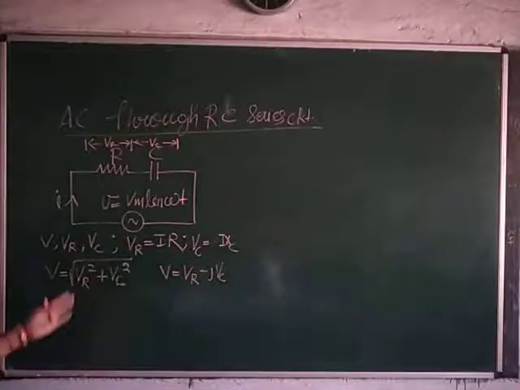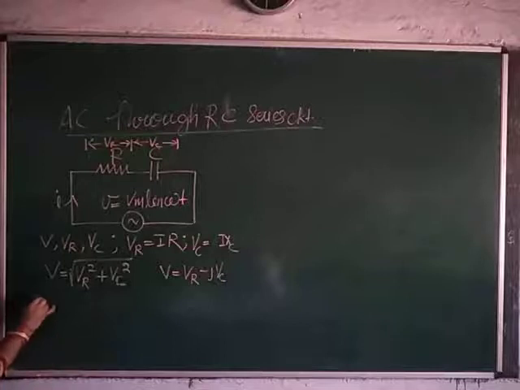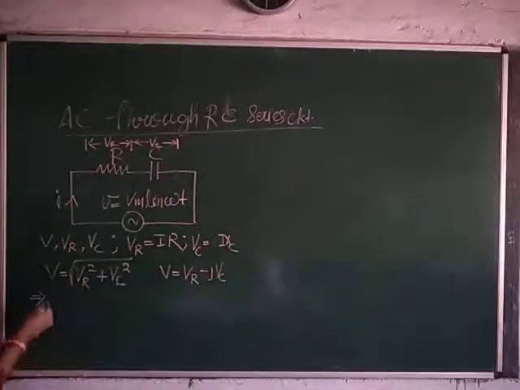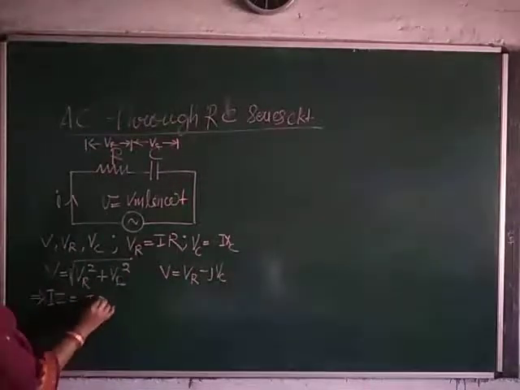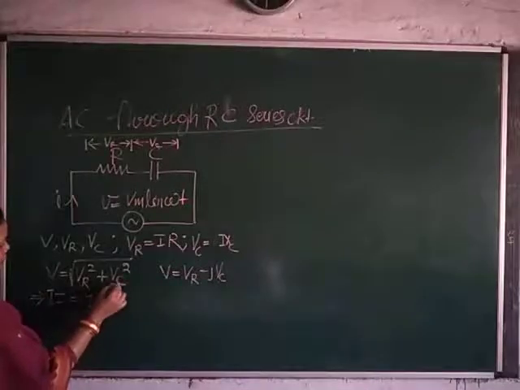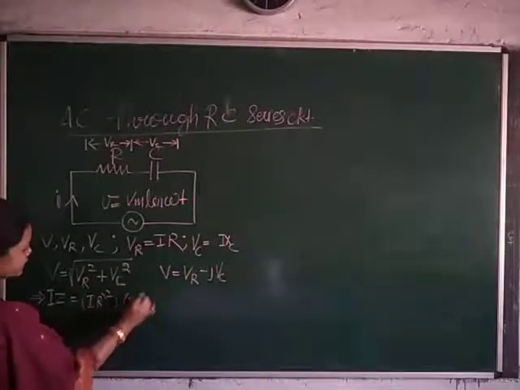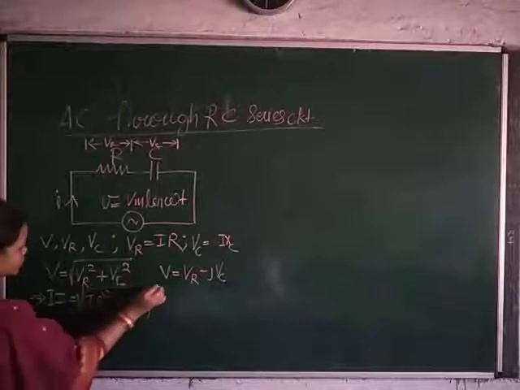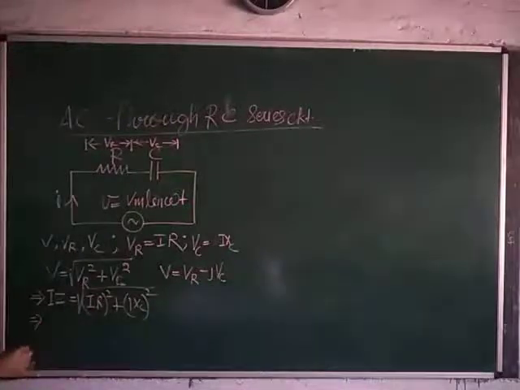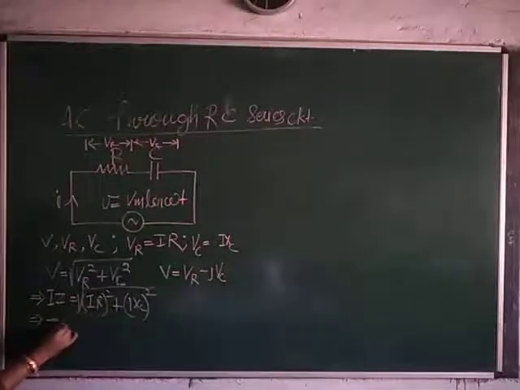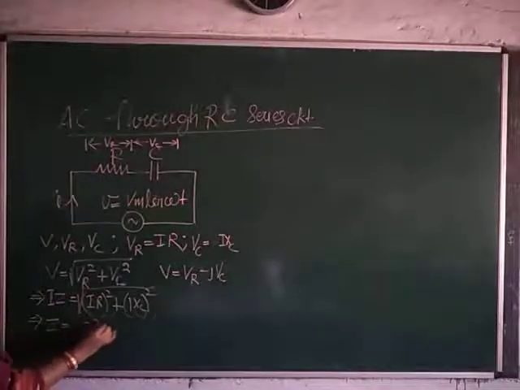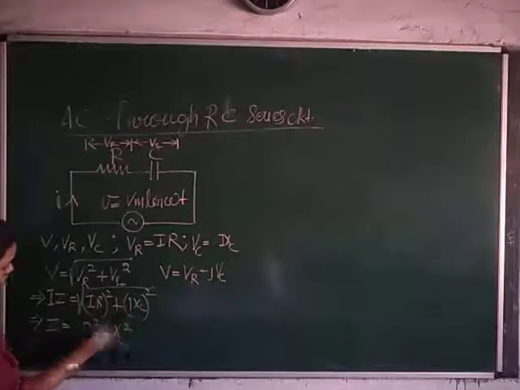Both in magnitude and complex form, I will solve this equation. What is V? V is I into the total impedance of this RC circuit. VR is I into R whole square and Vc is I into Xc whole square, all under the root. On both sides, this I is cancelled out, and it gives the total impedance of the RC series circuit.